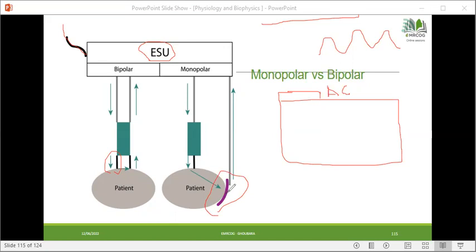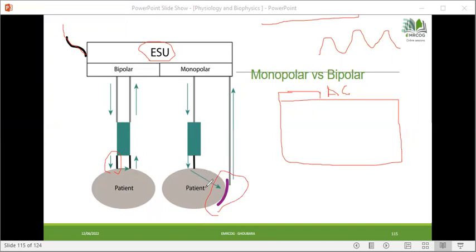Then the electric waves will go back to the electrosurgical unit through this return plate. We call it the return plate or returning pad. In this type, the patient is a part of the circuit, so I need to protect him.